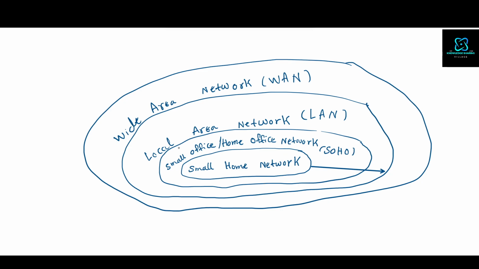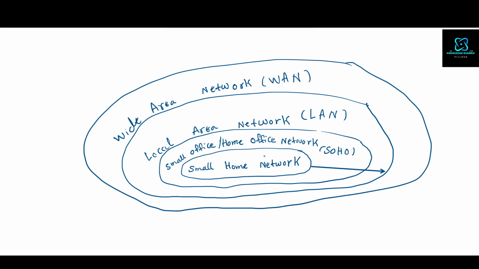Then we are going to talk about local area network. This includes the two previous networks in it, and then we are going to talk about wide area network, which includes all three previous networks that we have mentioned here. It is the generalization.